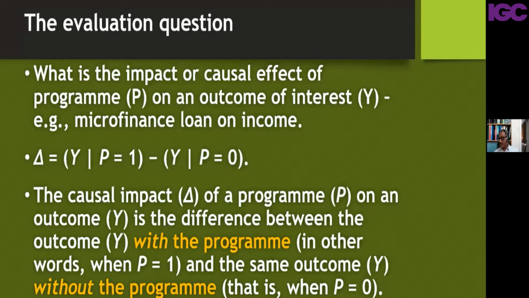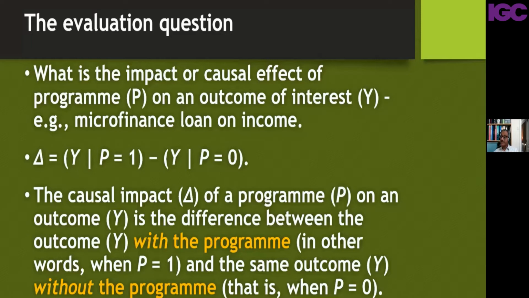And this equation, which I have put up here, simply means that the causal effect or impact of a program, which we label as delta because that is the change in the outcome, is the difference between the outcome with the program and the same outcome without the program. What is the beneficiary's income after having taken the loan?